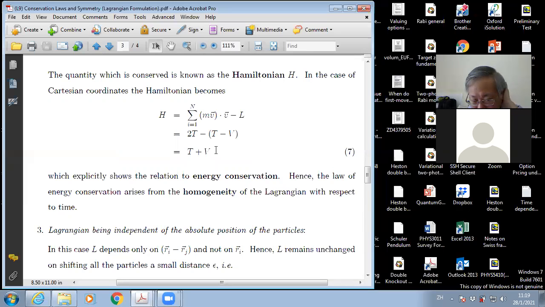So in conclusion, we realize that the law of energy conservation arises from the homogeneity of the Lagrangian with respect to time, all right? So the H or L is independent of time.